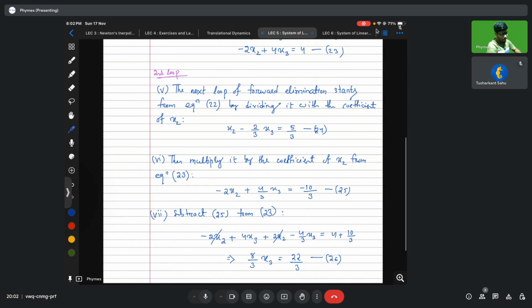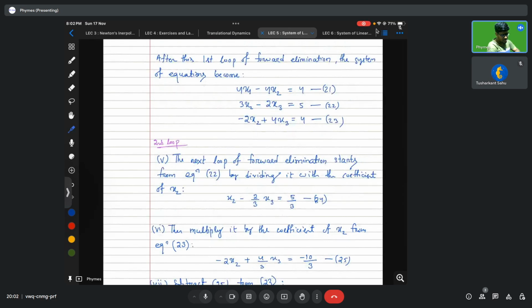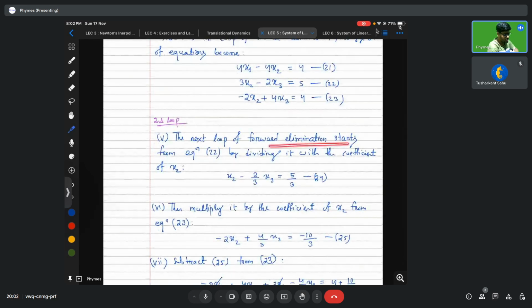Okay, then similarly in the second loop, we will try to eliminate this x2 here in this third equation, right? So this next loop of forward elimination starts with equation 22.